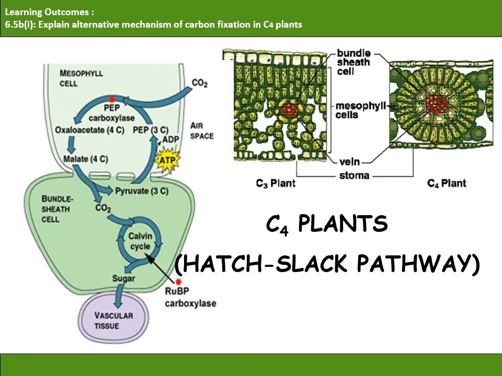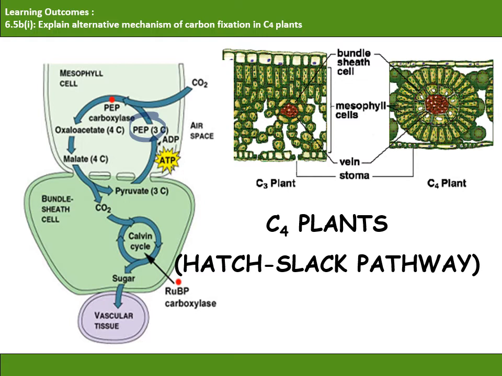For C4 photosynthesis, other plants use a pathway in which phosphoenolpyruvate, or PEP, is carboxylated to form a 4-carbon compound using the enzyme PEP carboxylase. It is named for the 4-carbon molecule present in the first product of carbon fixation in these plants, in contrast to the 3-carbon molecule products in C3 plants.